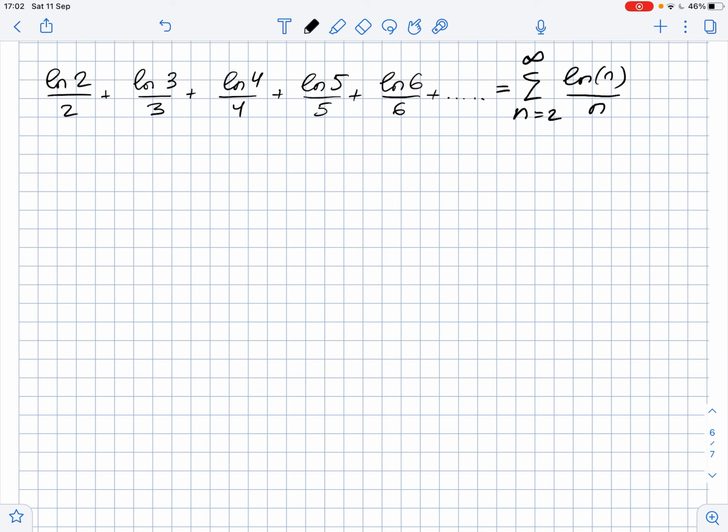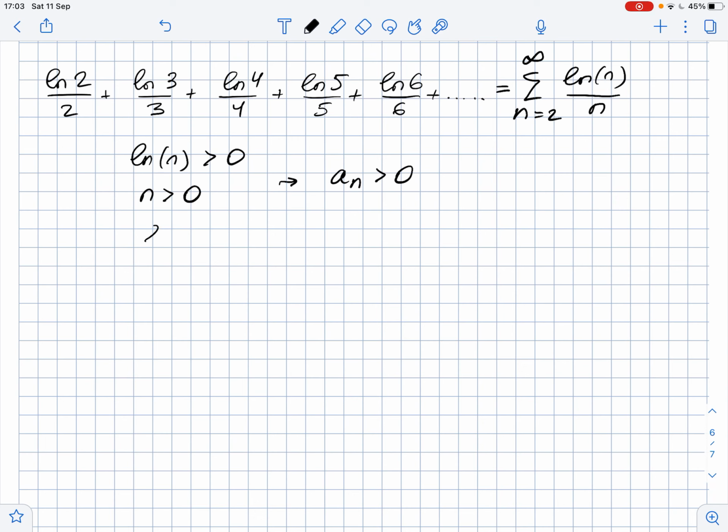So here we have that ln of n is always greater than 0 for positive n, so that means this condition is satisfied. And we also have that n is greater than 0, so that means that in our case the nth term is always greater than 0 on the same interval.